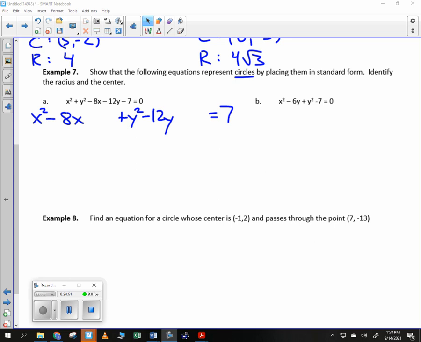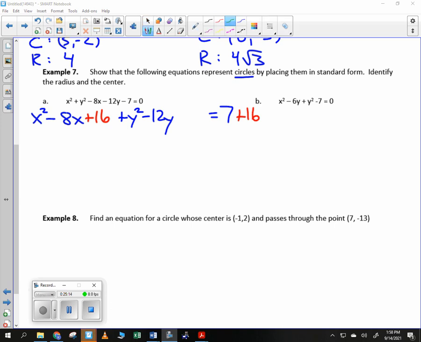So I need to complete the square. Who can remind me, what do I do with this number right here? Divided by 2 and square. Now, I think that that's something we can all do. We take this, we divide by 2 to get 4, square it to get 16. If I add 16 to one side, add it to the other side.